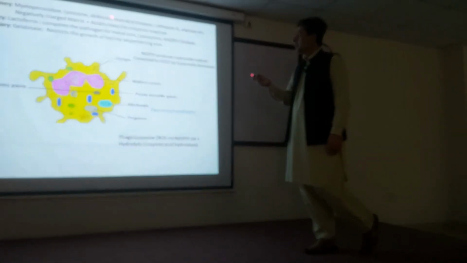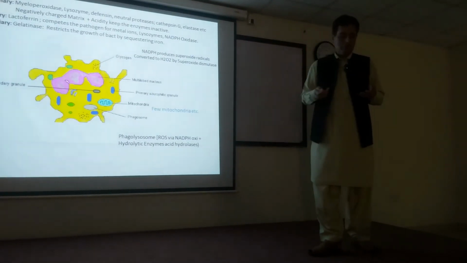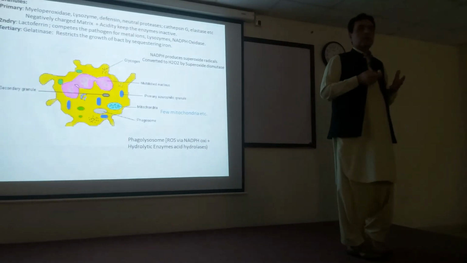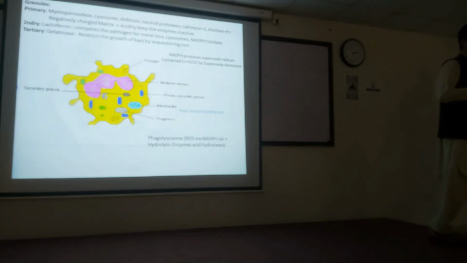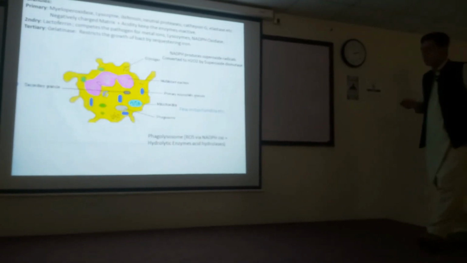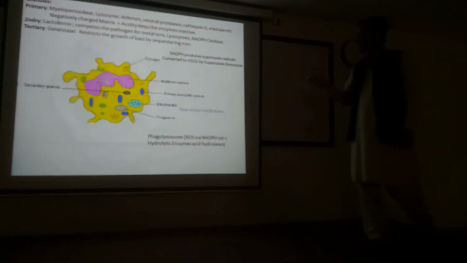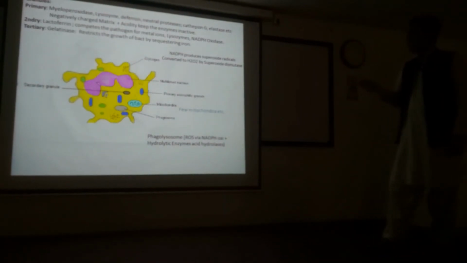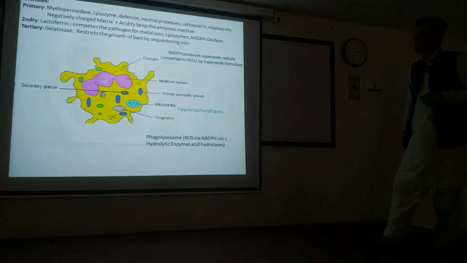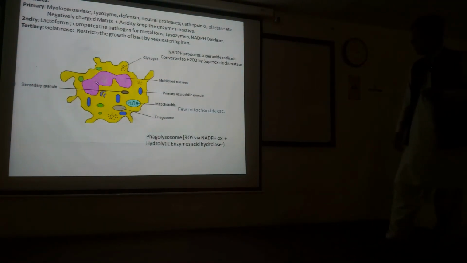There are different types of enzymes in the primary granules that are going to kill that microbe or turn it into pieces. And that can happen immediately after ingestion of the pathogen. It would just take a day or two for the neutrophils to mount this response and get rid of the pathogens or bacteria that have entered the body.